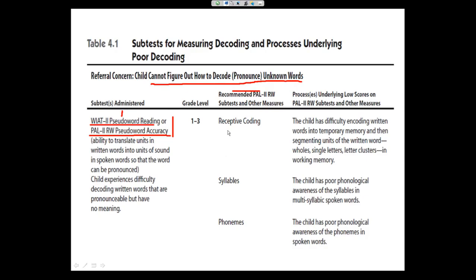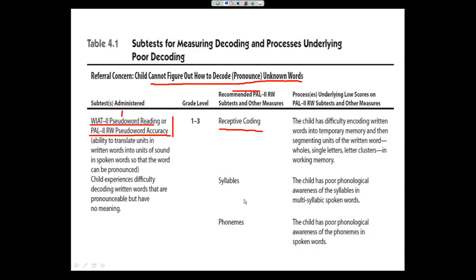So you see if it is a breakdown at the level of receptive coding. I see all of these symbols, and I'm not encoding or registering the symbols correctly, or maybe I am, but I'm losing that symbol. It's not being moved to my long-term memory, so I don't know that again tomorrow.